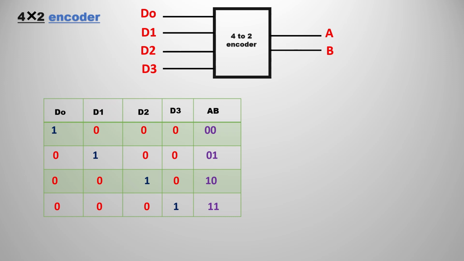If we pass input only in D0, then as D0 corresponds to 0 0, we get AB as 0 0. If the incoming input is present in D3, it corresponds to 1 1. It is just the opposite of the decoder.